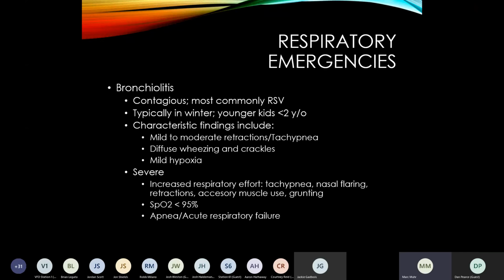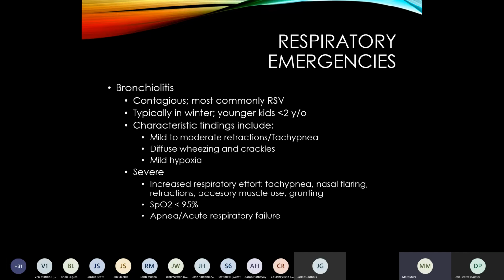It typically happens in younger kids, less than 2. Characteristic findings: mild to moderate retractions. They're tachypneic, with diffuse airway sounds, typically wheezing and crackles. They could be mildly hypoxic in a milder case of bronchiolitis.